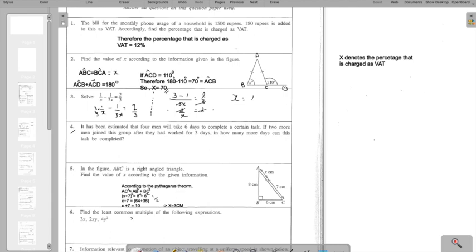Easy question, right? 3x is basically equals to 3 to the power 1 times x to the power 1, right? 2xy is equals to 2 to the power 1 into x to the power 1 into y to the power 1. 4y squared. This will be 2 squared. This will be y squared.